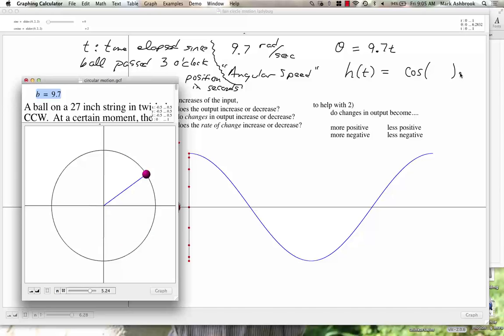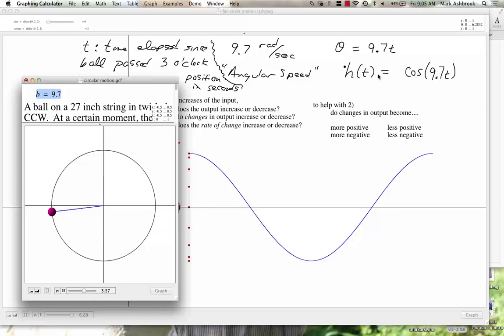And what goes into cosine? What kind of quantity does cosine take? What's our input quantity into cosine? Angle measure. But if our input of our function is t, then we need that angle measure as a function of t. So what is that? 9.7t. Because we know 9.7t is an angle measure, and that's what cosine receives. It receives angle measure and tells us vertical distance, or horizontal distance, right?